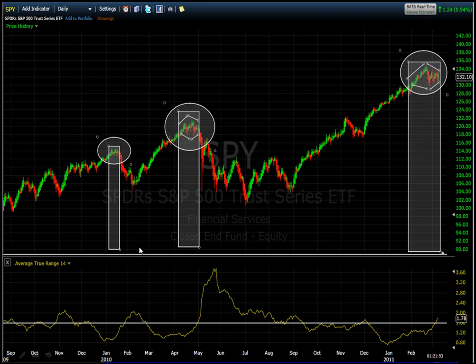Then the volatility started to trend down, and the market trended up again. In April, just preceding the May 6th flash crash, we got an indication that volatility was picking up again. And we formed what I call a diamond top.